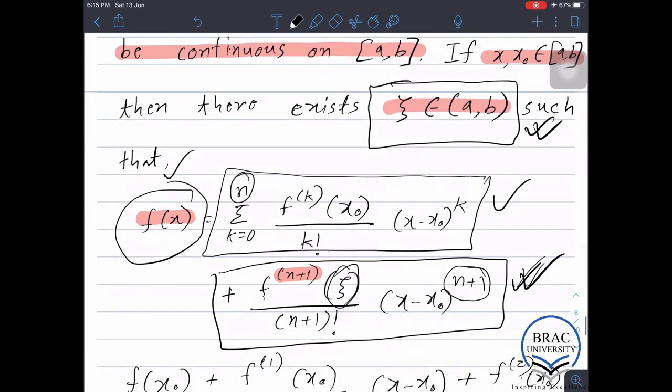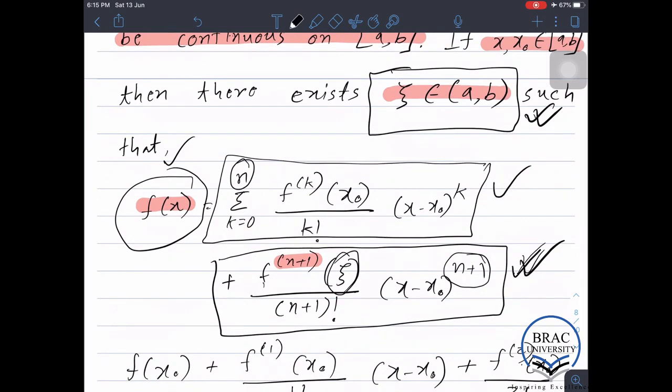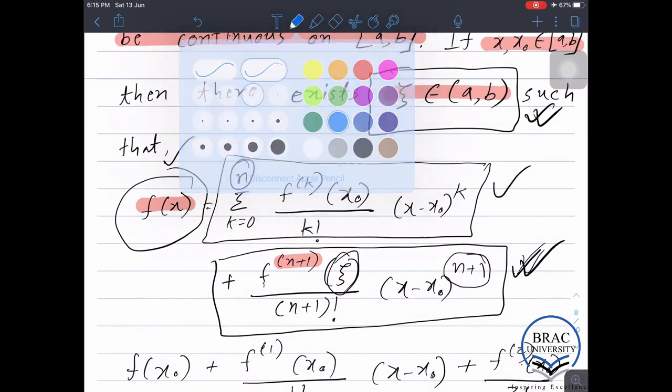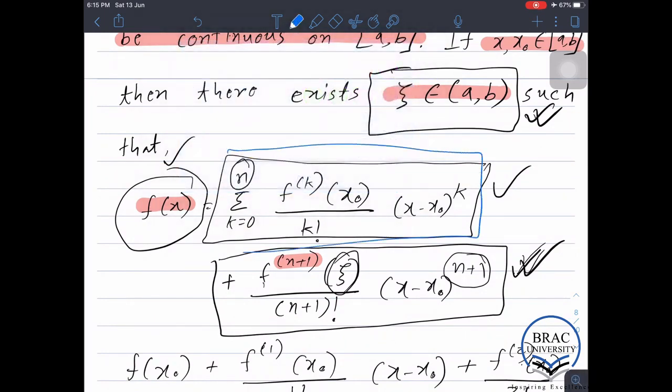So this first term has a name. This is called the Taylor polynomial of degree n.